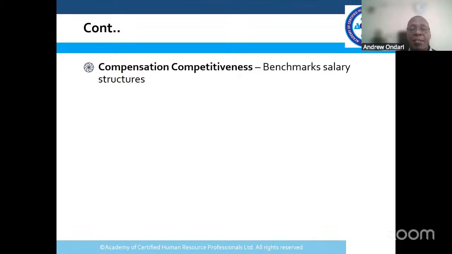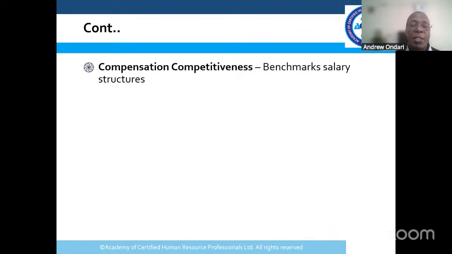And then lastly, another measure of compensation is the market rates. What are we paying our employees compared to what others are paying in the same position or similar positions? So how do you do this?